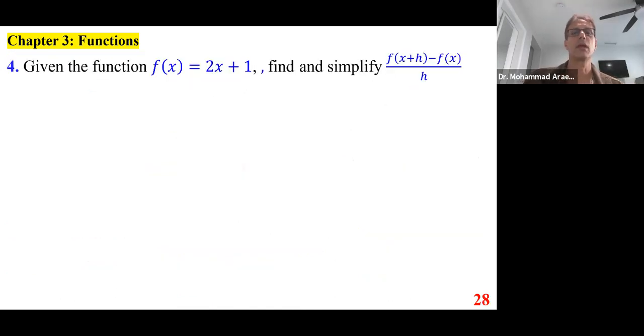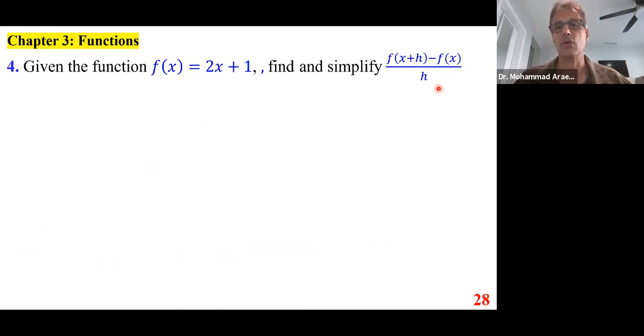The next one, we have a function f of x equals x plus 1, and we want to find and simplify the expression f of x plus h minus f of x over h. This is the good old slope, rise over run, also known as y sub 2 minus y sub 1 over x sub 2 minus x sub 1.